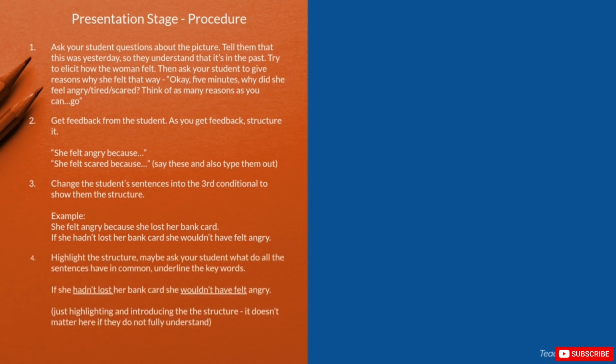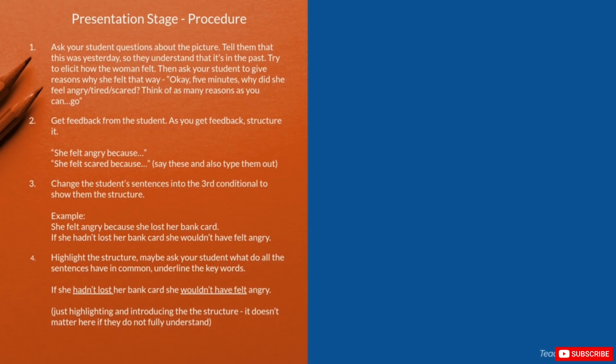And we could even go further and maybe ask our student what each of the sentences has in common. We can underline the structure for them, underline the key parts of the sentence. Just like we have here, if she hadn't lost her bank card, she wouldn't have felt. And if we underline this in every sentence, it will start to become clear to the student.